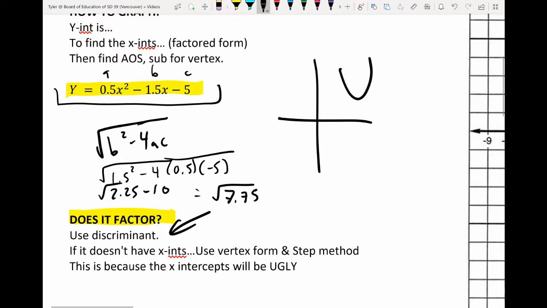So it's not a perfect square, it's going to be some weird decimal. So if it isn't a perfect square, we have to use the quadratic formula. You use the quadratic formula, and it's going to tell you what the roots are going to be. If it is a perfect square and it factors nicely, you factor it and create factored form.